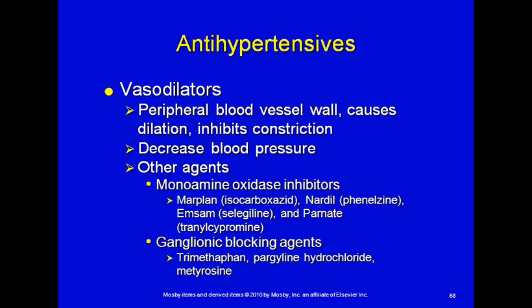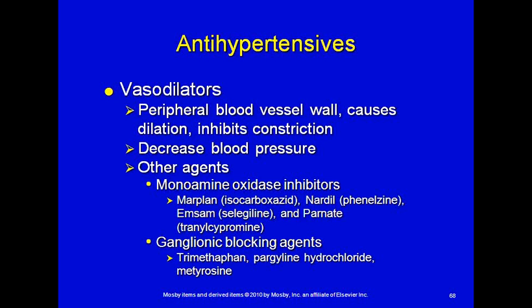So nitroglycerin can be used to lower the blood pressure in acute settings, as well as an infusion of nitroglycerin or an infusion of sodium nitroprusside. So these are meds that you might encounter when trying to lower the blood pressure acutely.